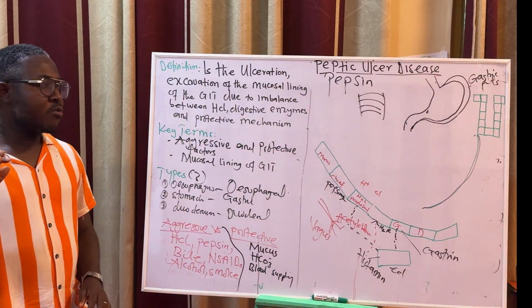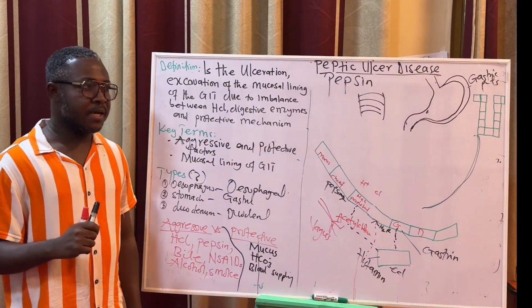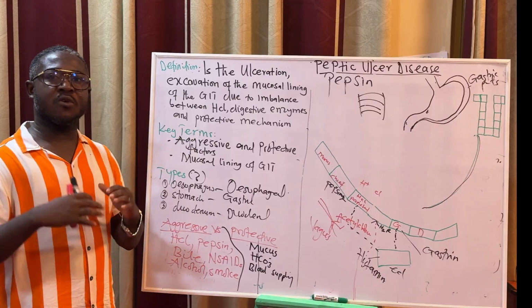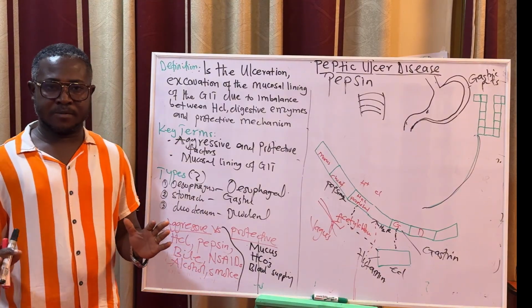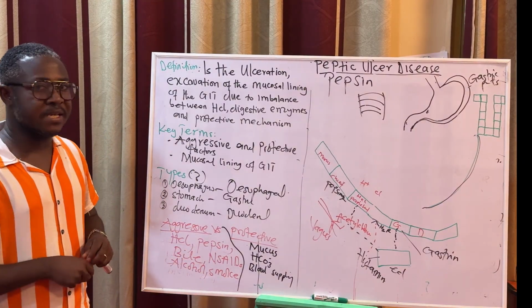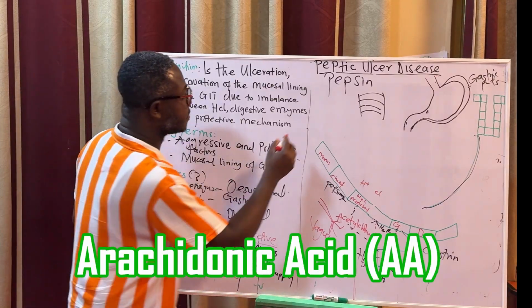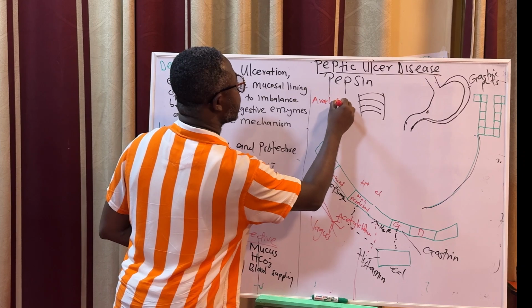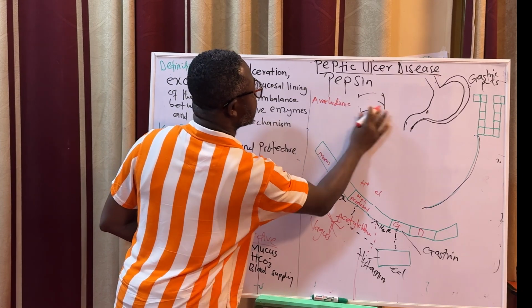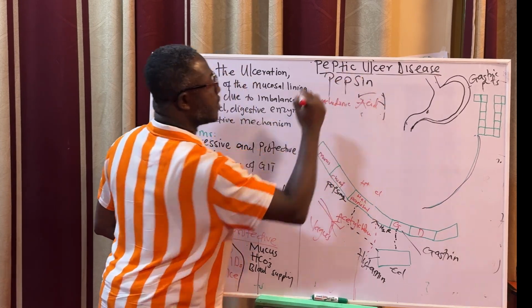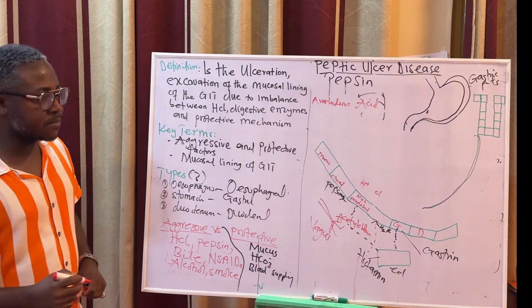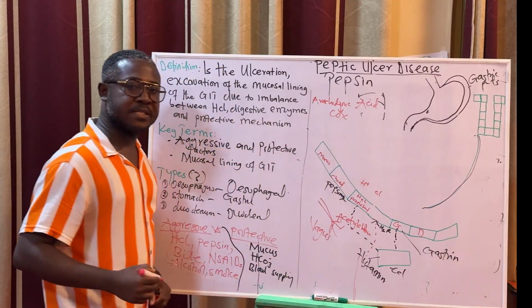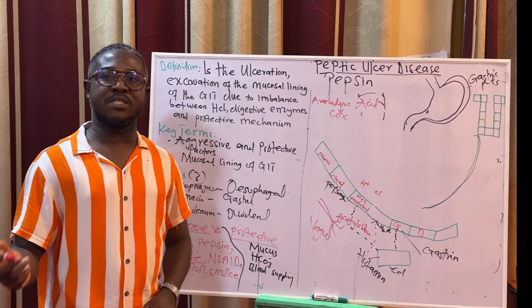Now we learned something in inflammation, that in inflammation there is a vasodilation which leads to the release of inflammatory chemokines, and one of the inflammatory chemokines is the arachidonic acid. Now arachidonic acid leads to the production of what we call the COX, which is the cyclooxygenase 1 and the cyclooxygenase 2.